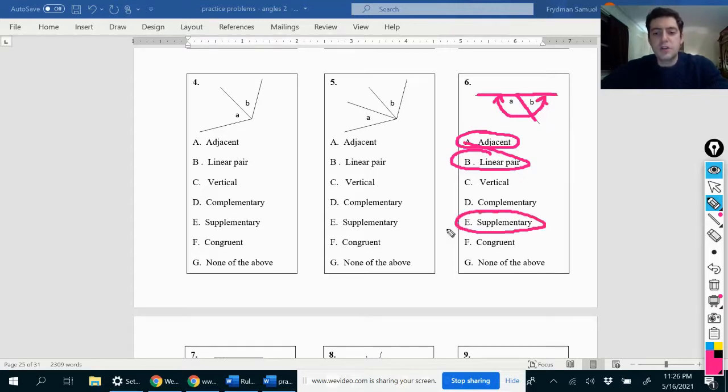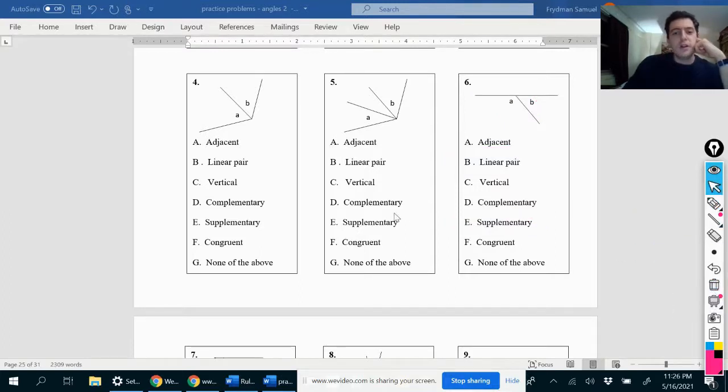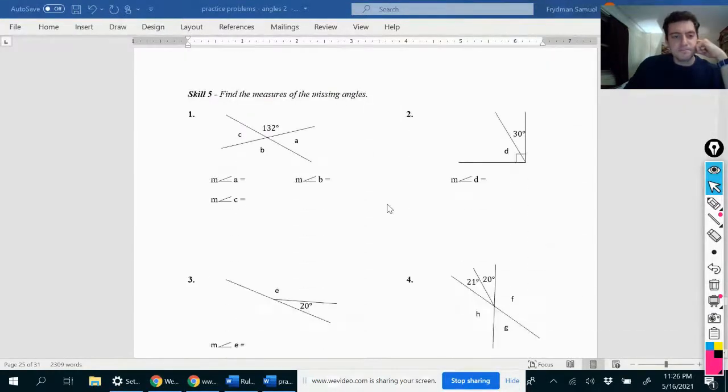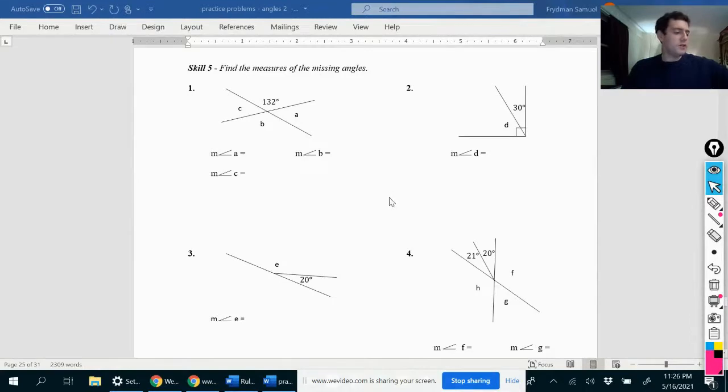So we'll circle supplementary also. We're not going to circle congruent here. So that's that. Let's move on to a few more problems. We're going to do a few of these problems together, and I think that's going to be it.